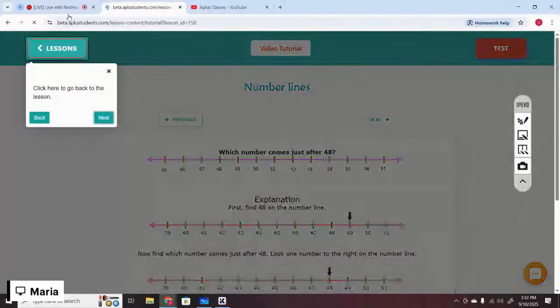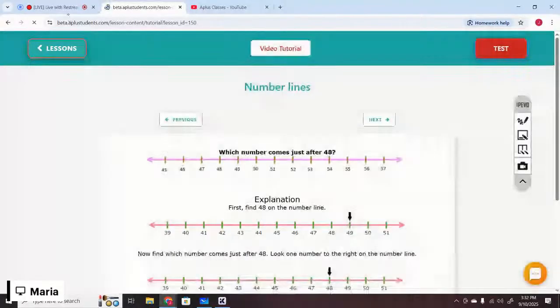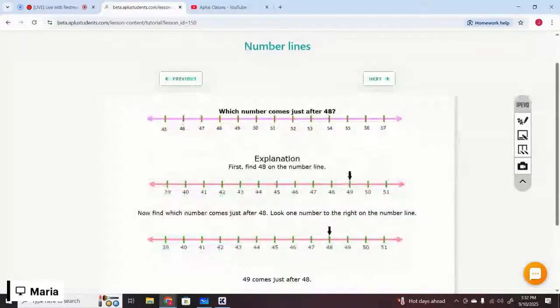That is number line. Basically, we have a line where you are representing the numbers, right?